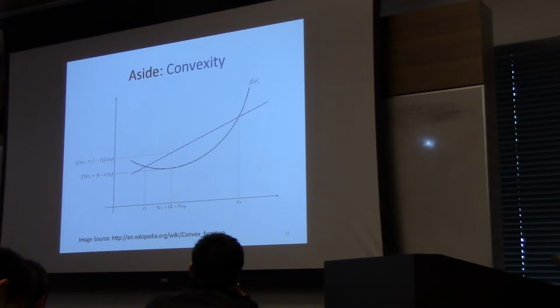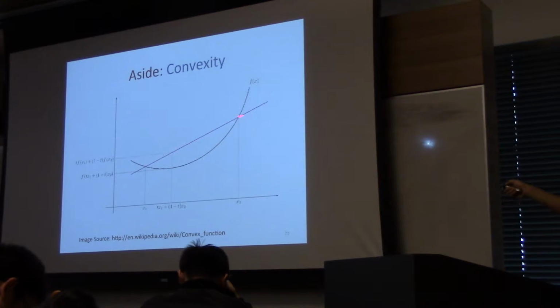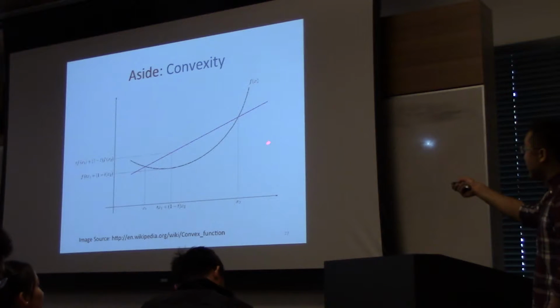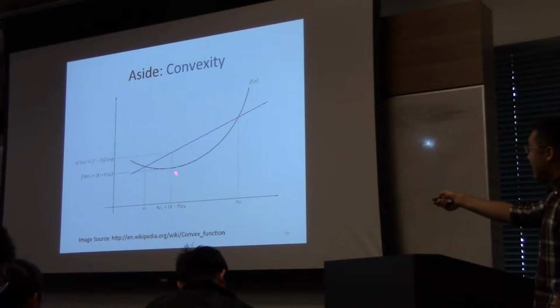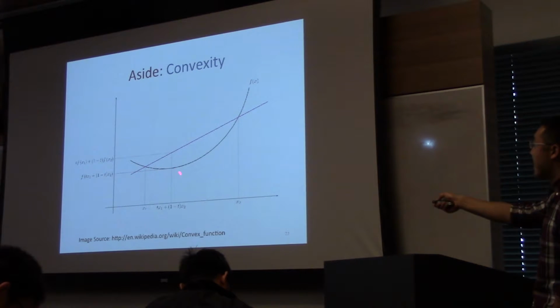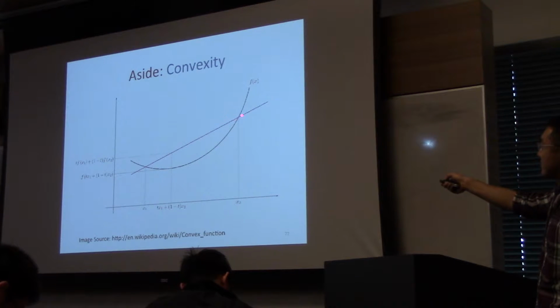A convex function, so this is f of x, the black line. A function f of x is convex if and only if you take 2 points, x1 and x2, and so f of x1 and f of x2, then for any x between x1 and x2, f of x is less than the average of f of x1 and f of x2, right?